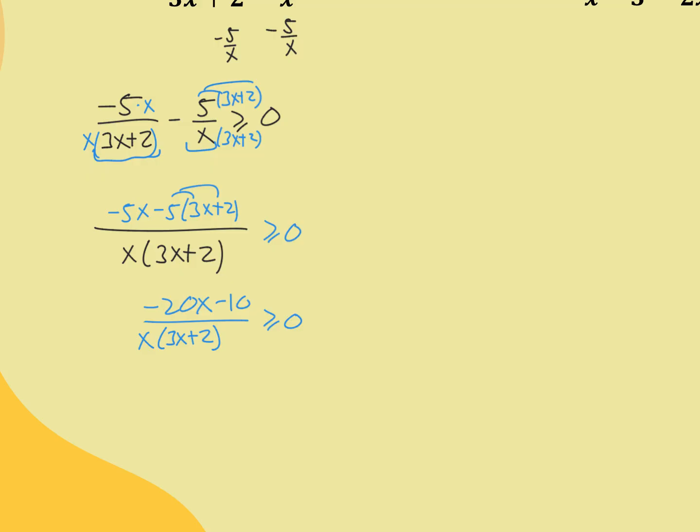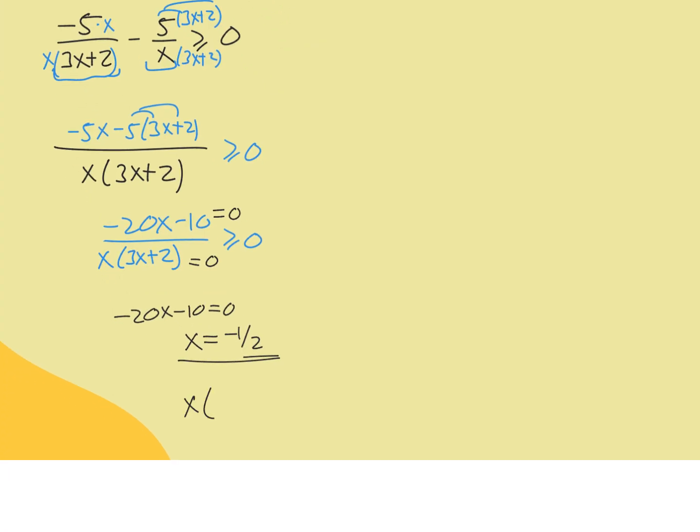And then once again, I would just set the top and the bottom equal to 0. So I get negative 20x minus 10 equals 0, which is going to get us x equals negative 1/2 when we fully solve that. And then for our bottom, we're going to get x times 3x plus 2 equals 0. And so I get x equals 0, and I get x equals negative 2/3.